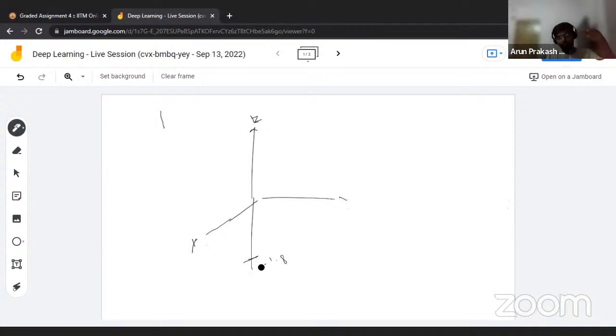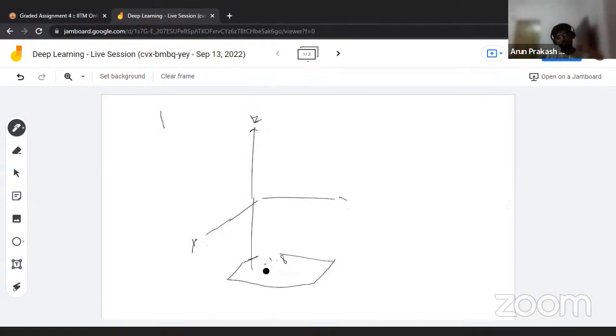So I am generating an XY plane positioned at Z equal to minus 1.8. It cuts the surface, and the trace of that cut across the surface is what we call the contour.